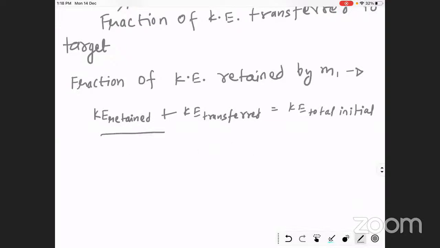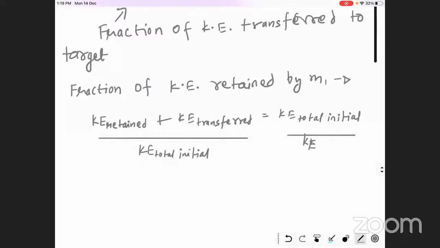Now divide both sides by total kinetic energy, KE total initial. Right hand side you got 1.